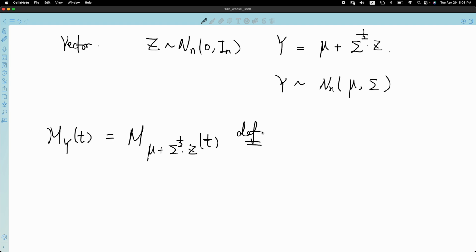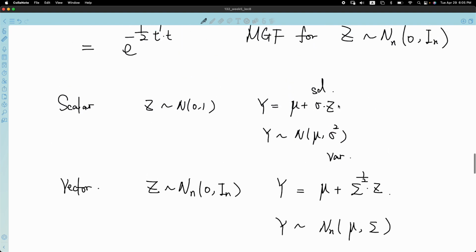In this equal sign, I'm going to put the definition, and then we have the expectation e raised to the power of all those things. Let me do it step by step, just in case you are new to the matrix vector forms.